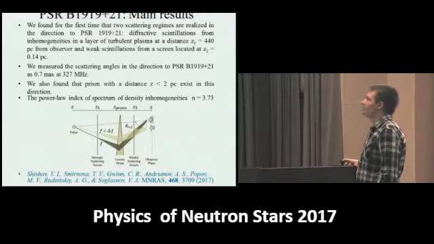We measured the scattering angle in the direction to pulsar 99, and also found that a prism at a distance of less than 2 parsecs exists in this direction. And we have an index of the spectral density near the Kolmogorov one. More details about the analysis of pulsar 99 you can find in our article in Monthly Notices.